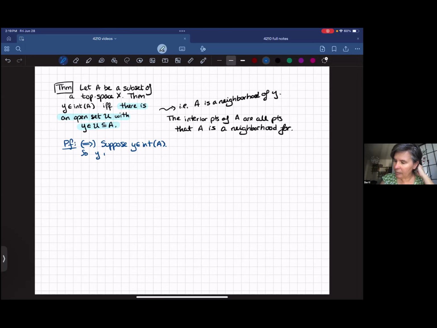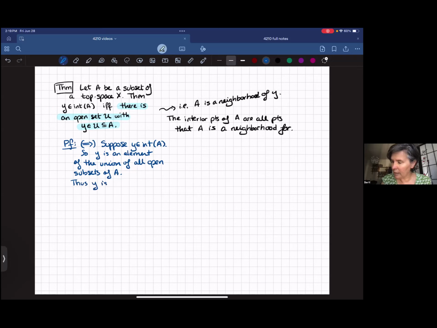So y is an element of the union of all open subsets of A. Which means y is in, to be in the union means you're in at least one of them.